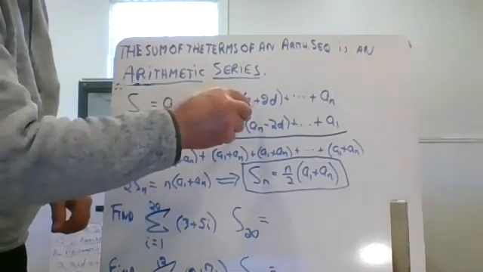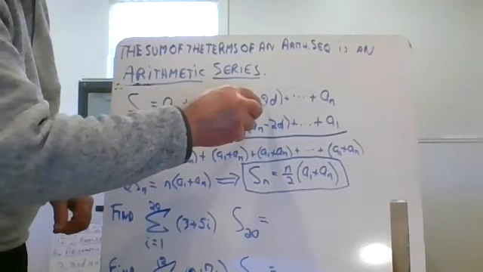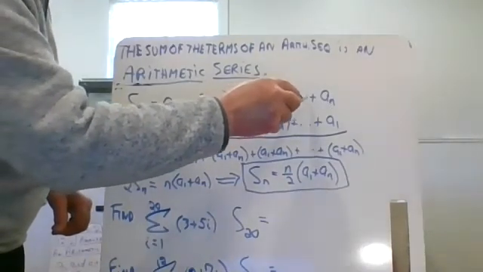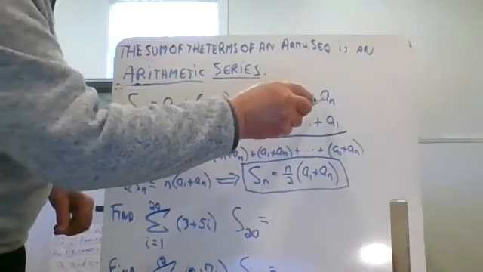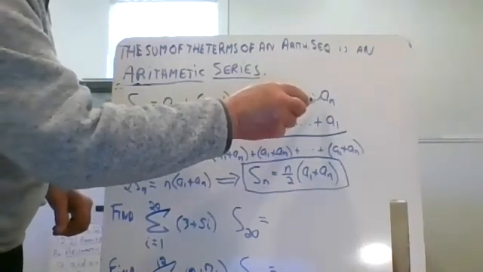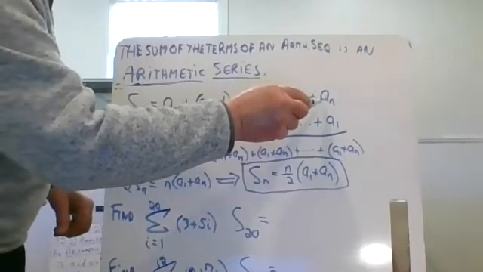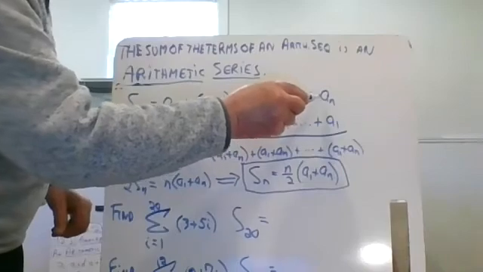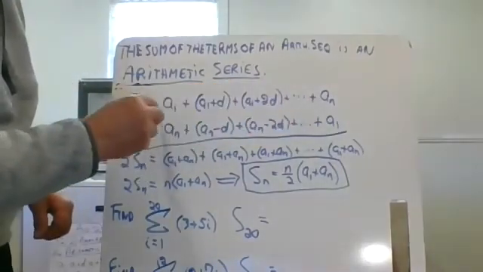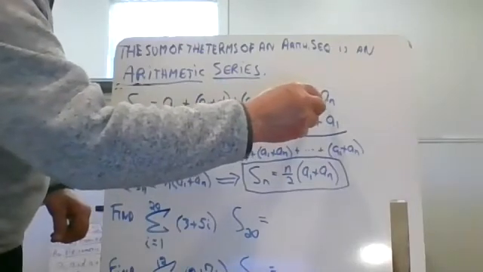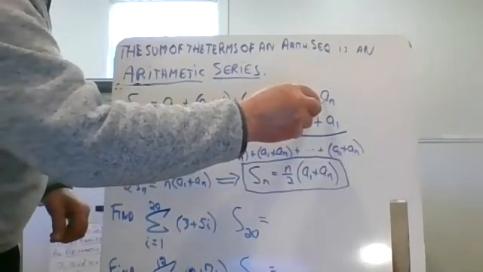Your third term is A sub 1 plus 2D. And then you keep doing that all the way down, but for the last term, we're not going to write A sub 1 plus (n minus 1)D. We're going to write A sub n. So here is S sub n, adding up the n terms of the arithmetic sequence.